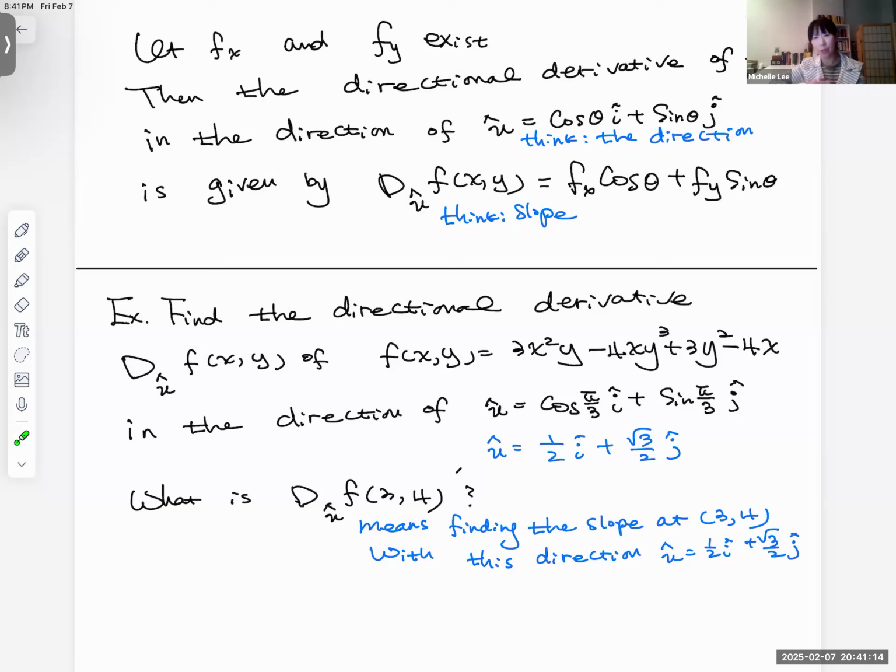What is the sine pi over 3? It's the square root of 3 over 2, right? We want to know the directional derivative at the point 3 and 4, with the direction of u hat equal to 1/2 i hat plus square root of 3 over 2 j hat, right? Now we are using this formula.